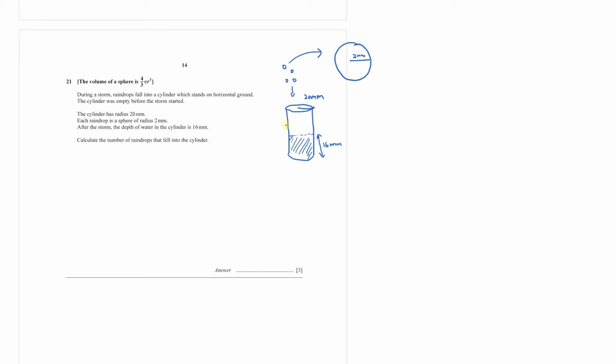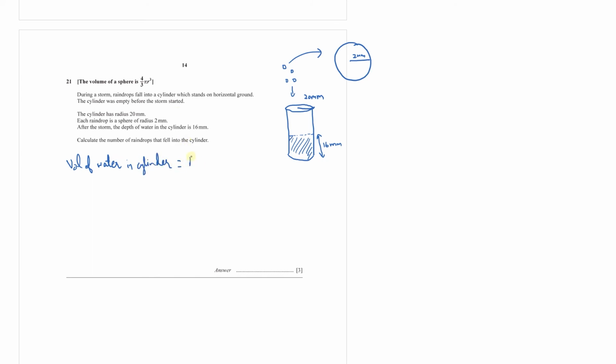But this volume came from all the raindrops that came in, right? And since we know the volume of water in the cylinder, I can find the number of raindrops by dividing the total volume by the volume of one raindrop.